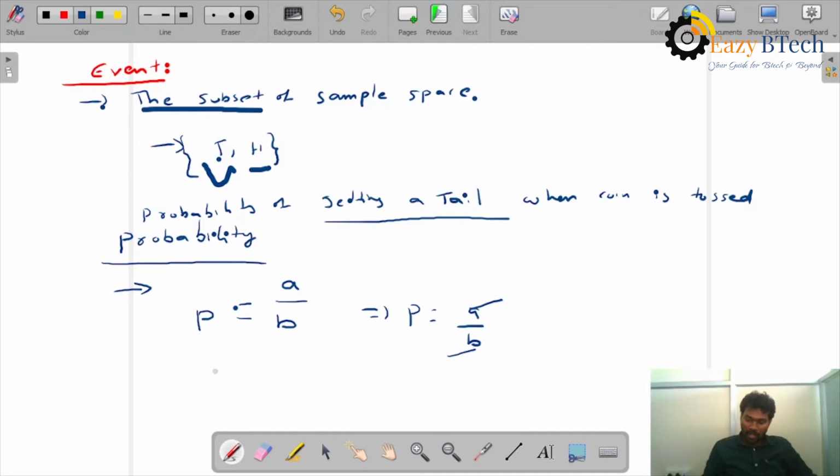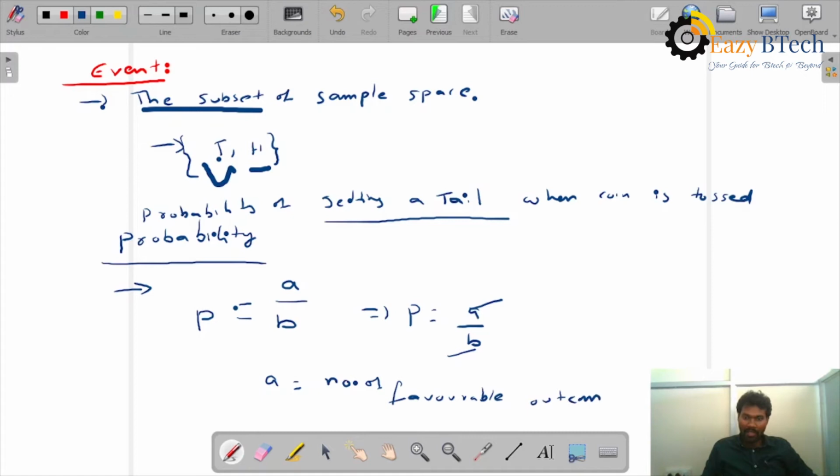So a equals the number of favorable outcomes.